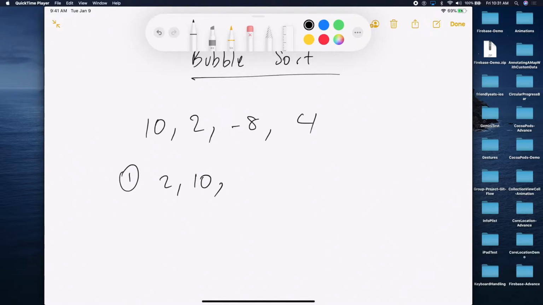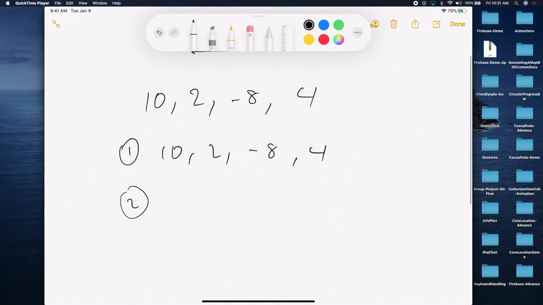Because currently, let's start this over. 10, 2, minus 8 and 4, right? Currently, we don't look at 10 as a comparison. So currently, we have a marker at position 2, not position 0.